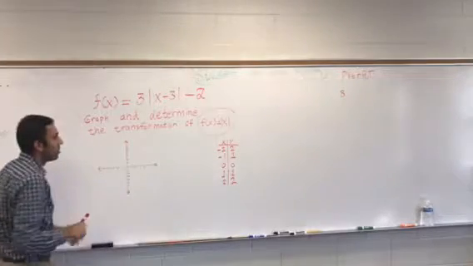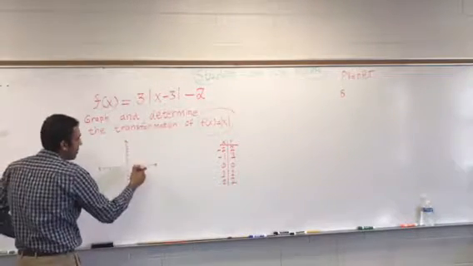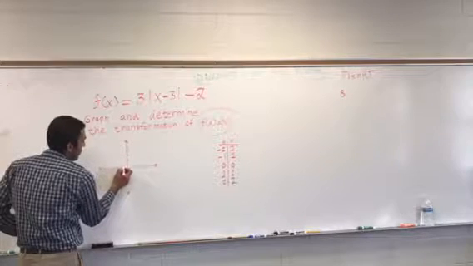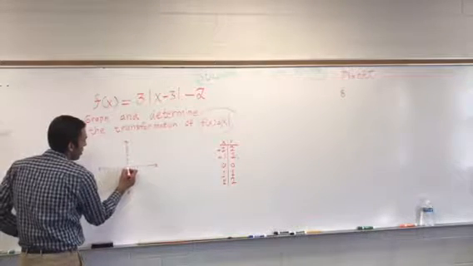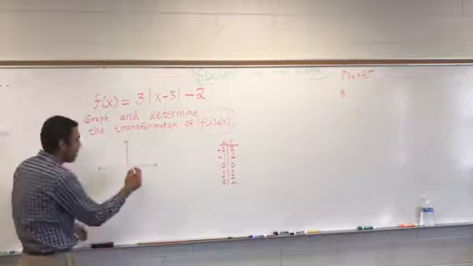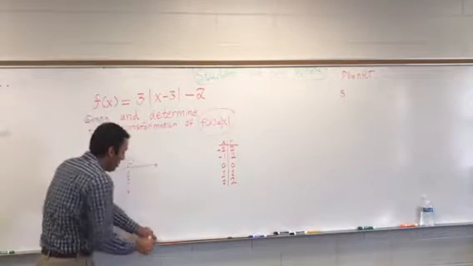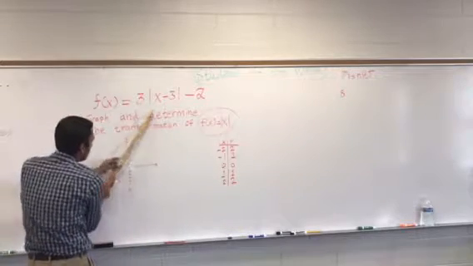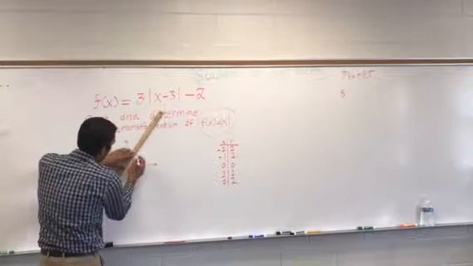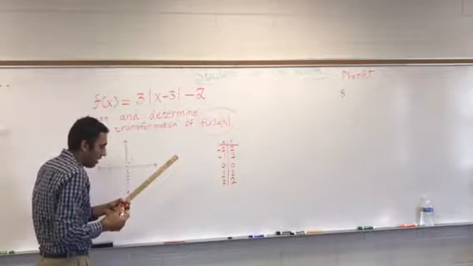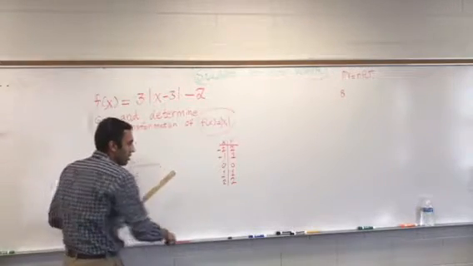So let's graph that out. Negative 2 is going to give you positive 2 here. Negative 1 is going to give you positive 1. 0 is 0, 0. 1, 1, and so on. Now let's connect. I want to do it in a different color so you guys are able to see the change.